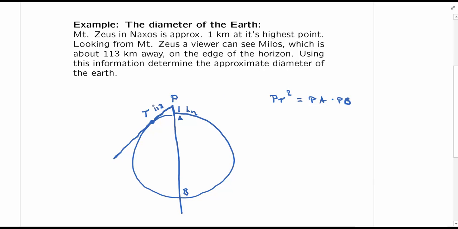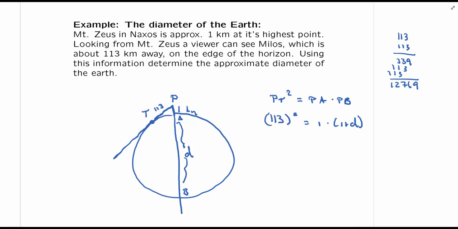Well, PT squared is just 113 squared. PA is this 1 kilometer right here, and then PB, we want to be a little bit careful here. PB is not quite the diameter of the Earth. The diameter of the Earth, which we're interested in, I'll call D for diameter. And then it's also this plus 1, so PB is 1 plus D. So I'll write this as 1 plus D. And now we want to solve for D.